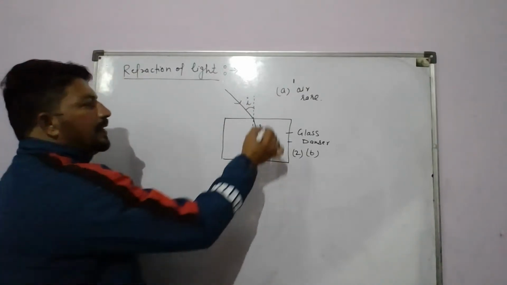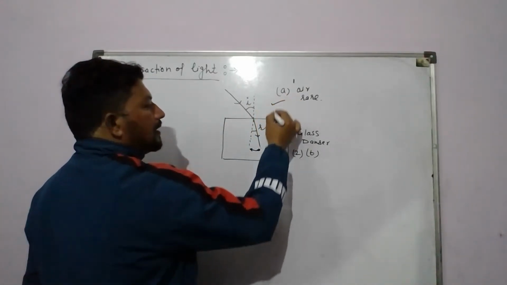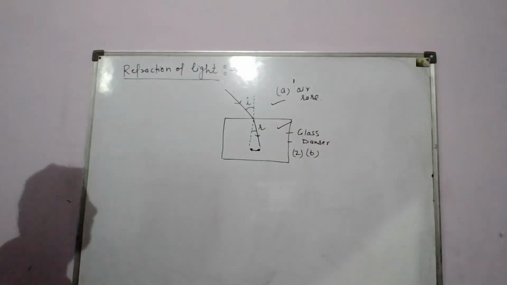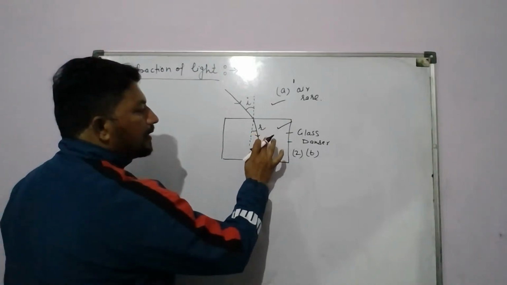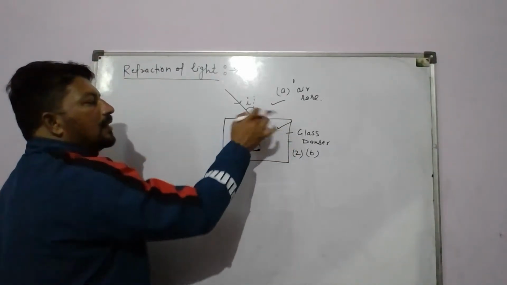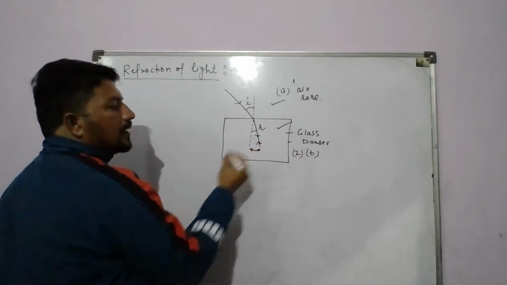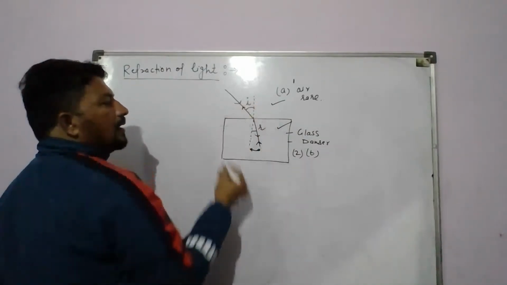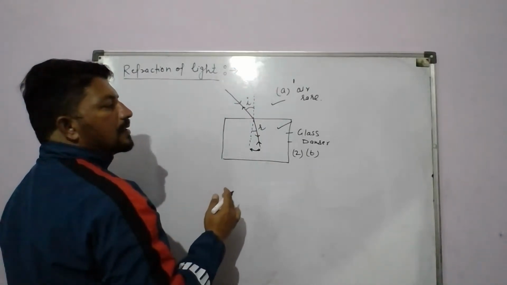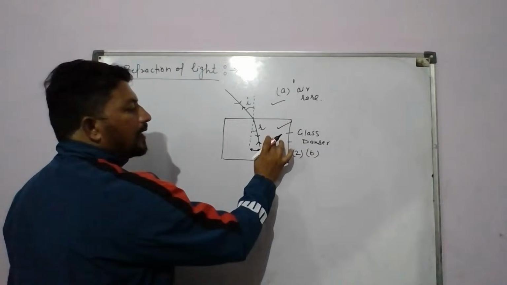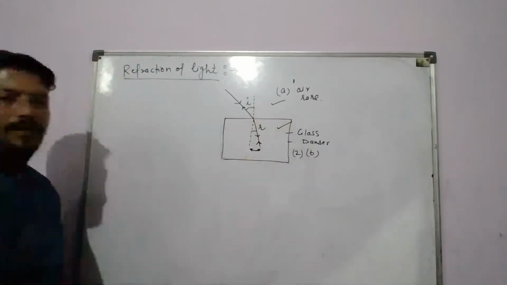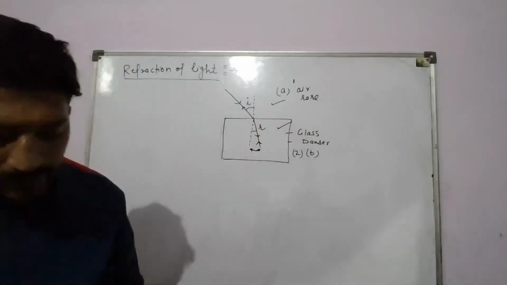Because the speed of light in air is greater than the speed of light in glass. The same case applies here: if light travels from the glass medium to the air medium, suppose this is your incident ray and this is your refracted ray, it means the refracted ray moves away from the normal. Same reason, because the speed of light in glass is less than the speed of light in air. So this is the concept behind it.